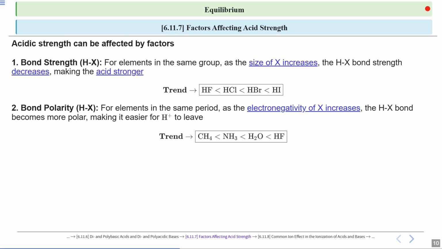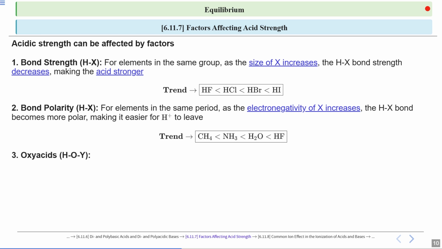For example, if you take methane, then ammonia, then water and HF, fluorine has the highest electronegativity and hence HF has the highest acidity. Then comes water, then ammonia, and then methane. Remember, this is only applicable to compounds in which the central element is of the same period, like in this case. These are all members of the second period, if you know.